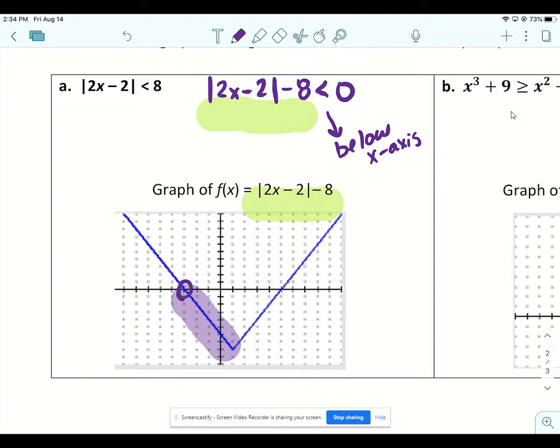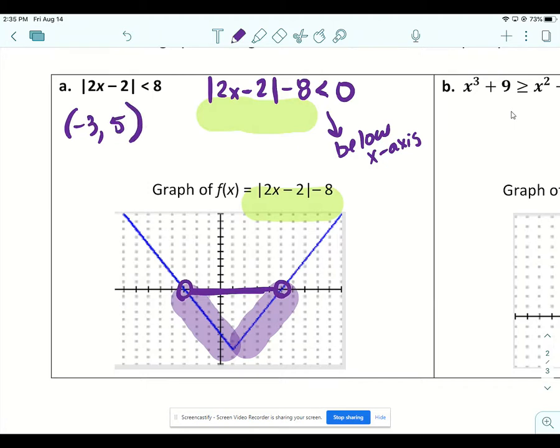So open circle starts being less than or below the x-axis there, and then below the x-axis all the way till you get to that point, and then it bumps up above. So this is our solution region, all of these x's. When I plug them in, I get something less than 0, something below the x-axis. So that is going to be from negative 3 to 5.